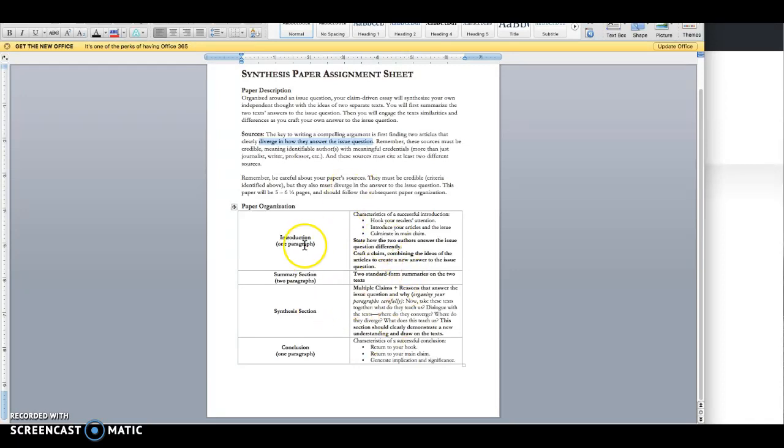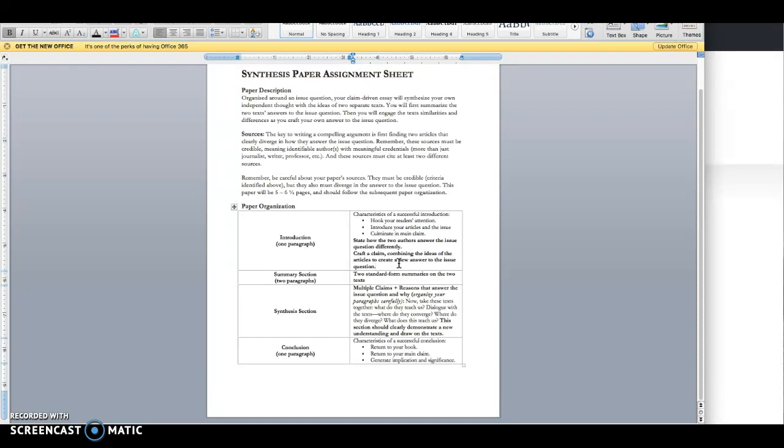And then you can see here in the paper organization what you're going to be working on. So you're going to introduce the articles and the issue, culminate in a main claim where you state how the two authors answer the issue question differently, and then you craft a claim. It would be something like, although author A claims this about homeschooling, author B claims this about homeschooling, the actual idea, or the actual benefit, is this.